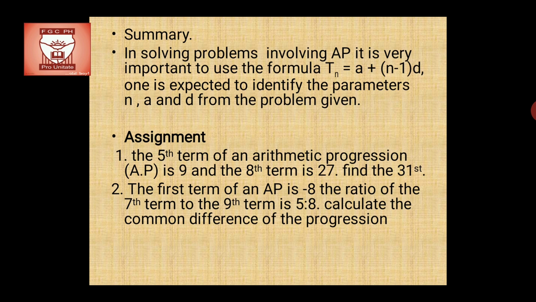Find the 31st term. The second question says the first term of an AP is minus 8. The ratio of the 7th term to the 9th term is 5:8. Calculate the common difference of the progression.